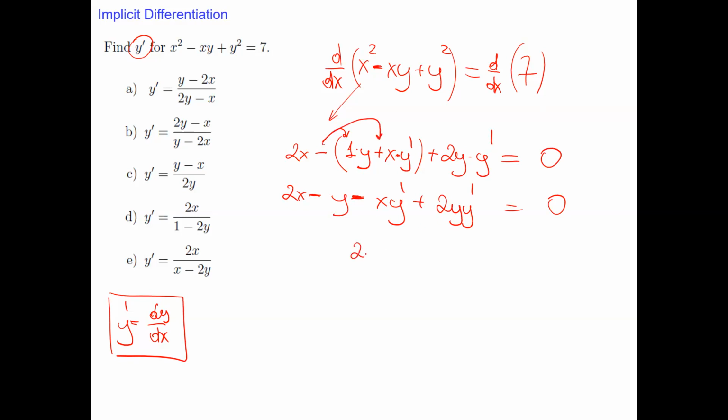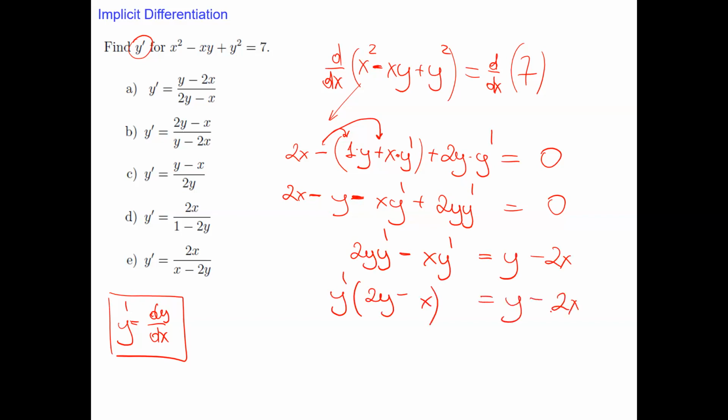Let me put this 2y y prime minus xy prime. I copy this and this one, but I put the negative term second. And then I add y to both sides and I subtract 2x. Now I am factoring y prime, 2y minus x. And I will divide in order to get y minus 2x over 2y minus x.